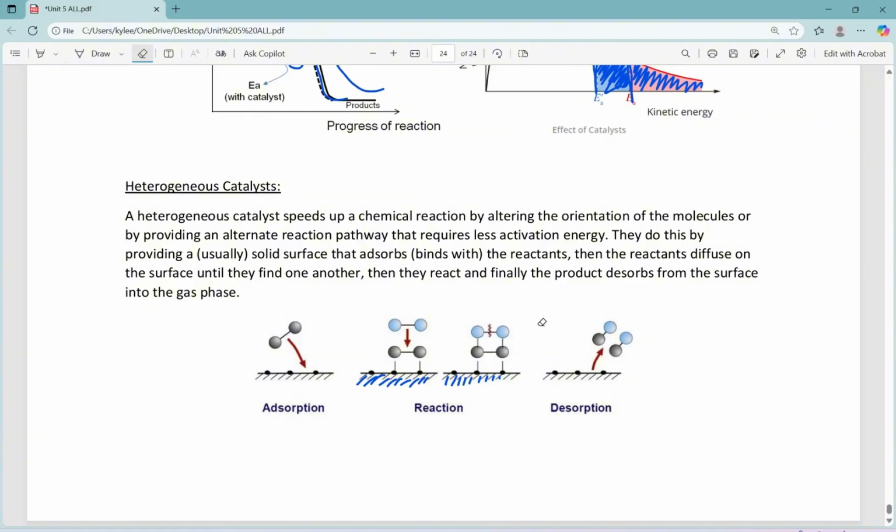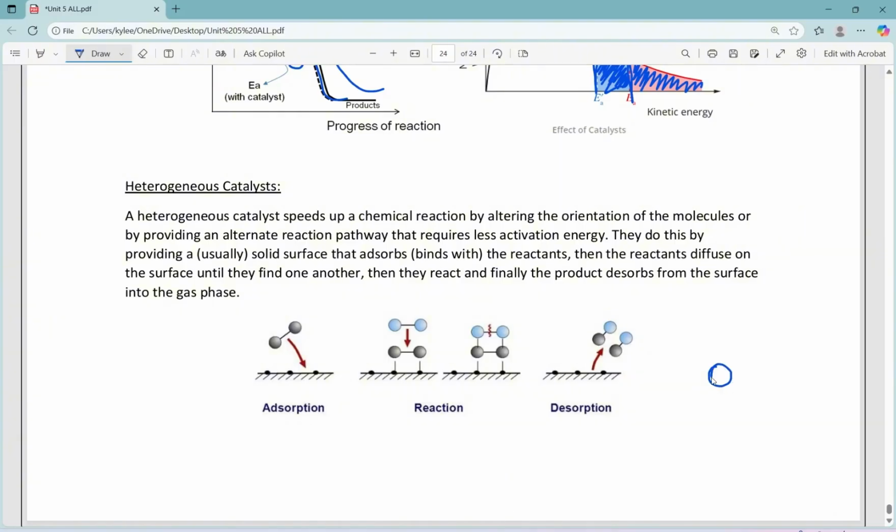In atmospheric chemistry, there are a lot of solid particles that catalyze reactions like this in the atmosphere. Things like dust, smog even, can provide surfaces, little particles, for things like ozone to attach and then break down.